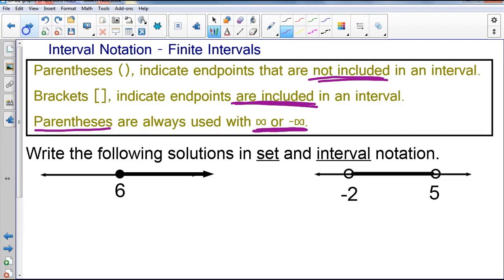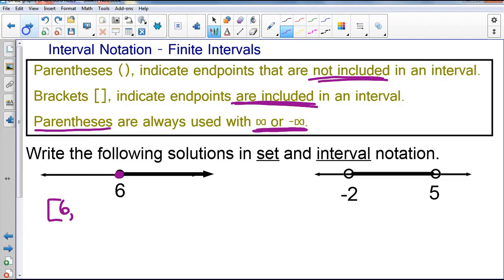And so if we're taking a look at this graph, it's saying circles, closed circles, just to review, closed circles mean that points are included. Open circles refer to points not included. So on this first example, because it is included, that means that we are going to be using a bracket. And the graph starts at 6, so it's going to be bracket at 6.